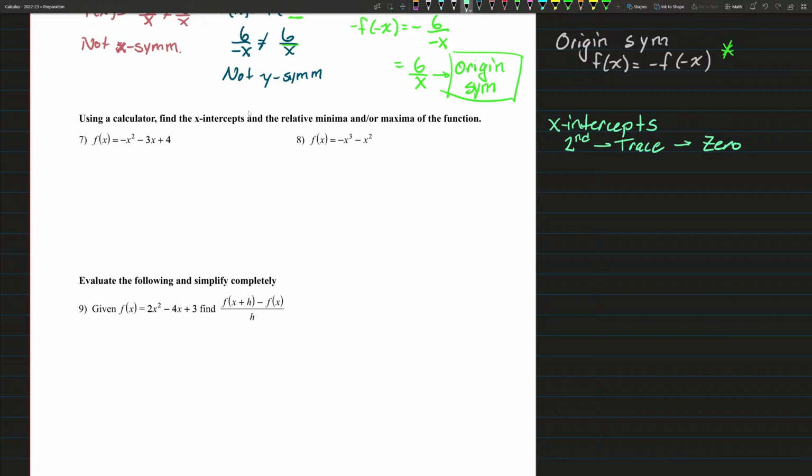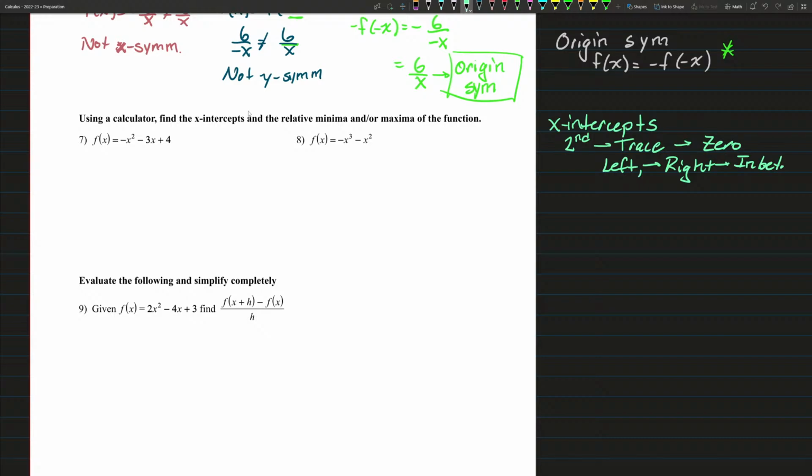Left bound means you want to go to the left of the zero that you're trying to find. Then it's going to ask you right bound. You go to the right of the zero you're trying to find. And then guess, which just means go in between. So left, right, in between, and then that'll show you the x-intercept.